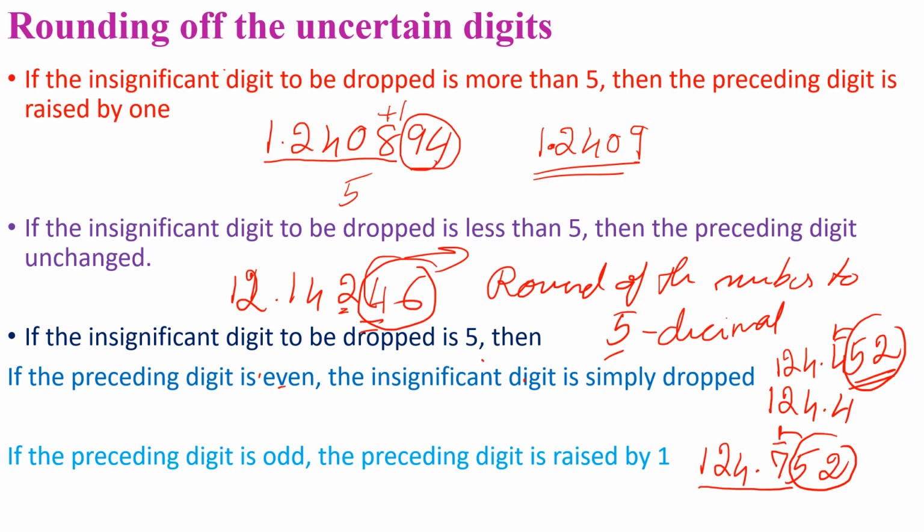So at that time, if the preceding digit is odd, the preceding digit is raised by 1. At that time you have to write it as 124, and in place of 7, it should be 8. This is how to round off the digit. These are the rules of rounding of the insignificant digit. Thank you so much.